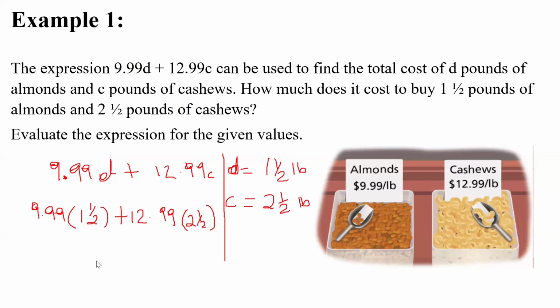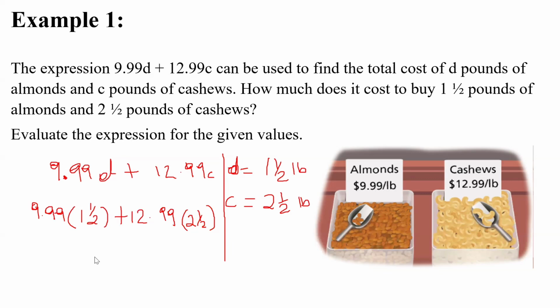Now that I have substituted my values, I am going to simplify my expression. To simplify that, I am going to use what we call order of operation. Based on order of operation, once you have a multiplication in the problem, for example, this one, we are multiplying and we are also adding, we multiply before we add. So I am going to multiply 9.99 times 1 and 1/2.